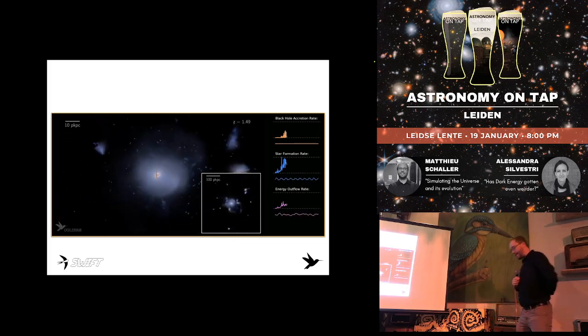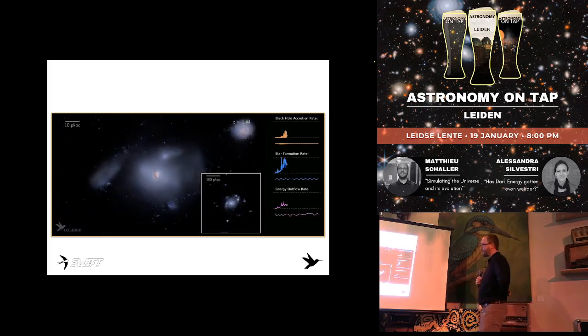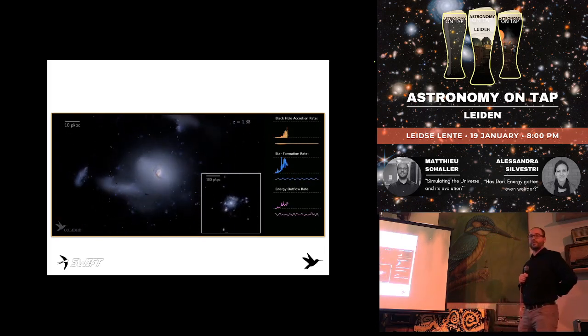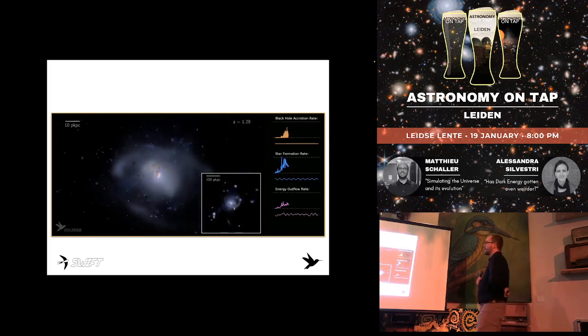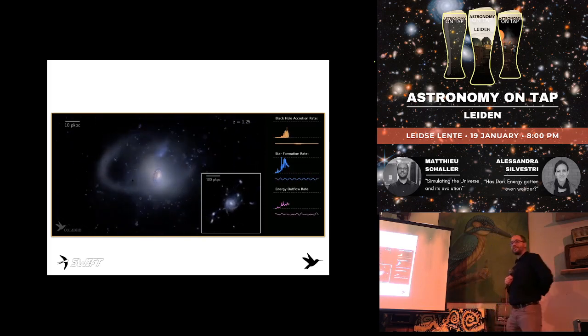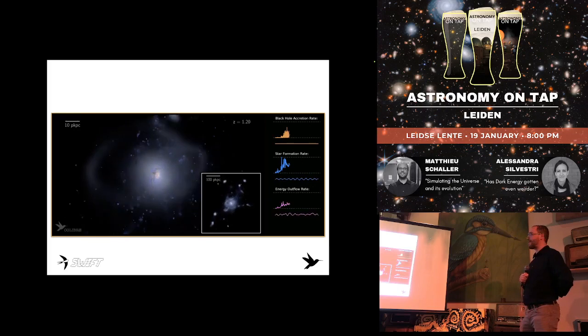So the idea is that in this kind of model, we put in all the ingredients which we think are necessary. We have the laws of gravity from Einstein, we have the laws of gas physics, we have a bit of atomic physics to tell us how the different elements interact.